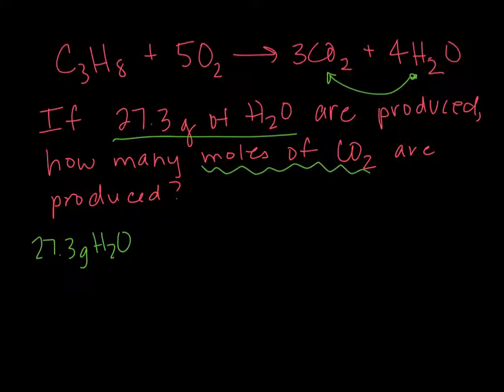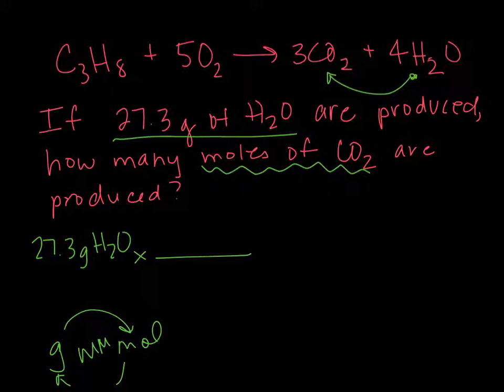But I can't use a mole-to-mole ratio yet because I have grams. And to use a mole-to-mole ratio, you have to have moles. So I have to get grams to moles, and the only way to go from grams to moles, or moles to grams, is to use the molar mass.